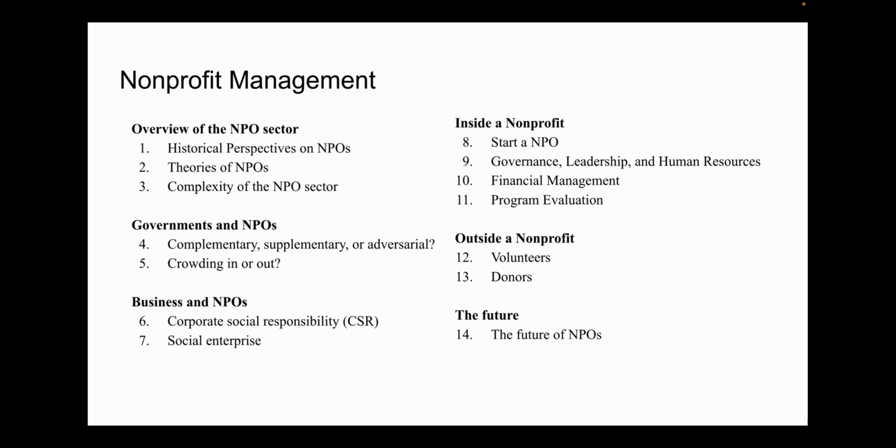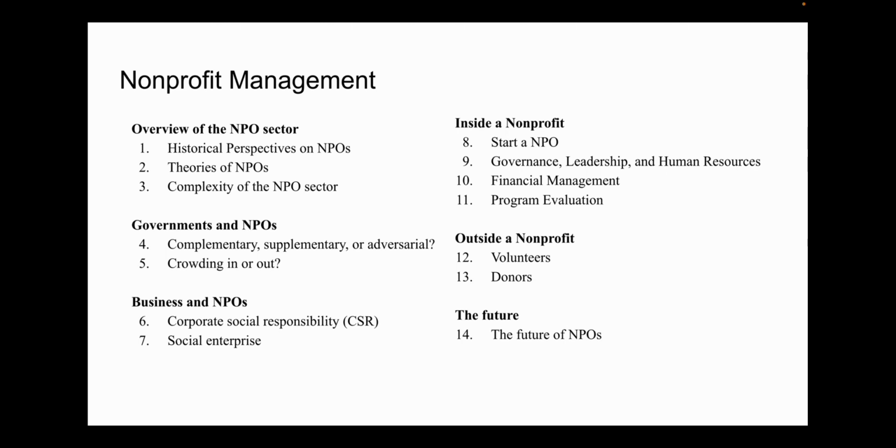So for the relationship between government and nonprofit organizations, we are going to focus on two core topics. One is the service perspective. Is this complementary, supplementary, or adversarial? So we'll look at the relationships.